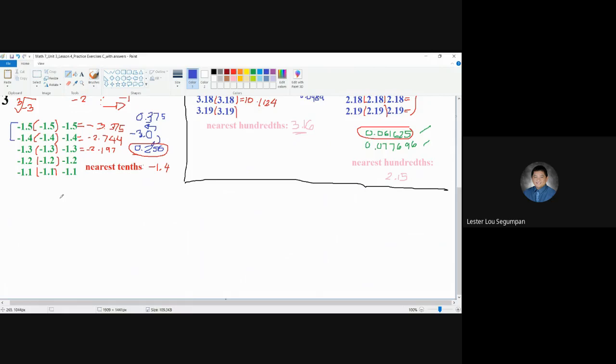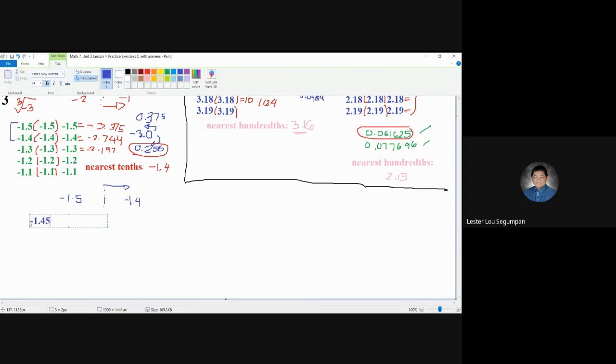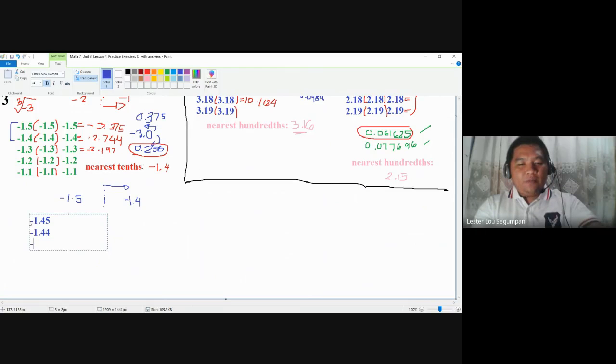So arranging it properly, you have negative 1.5, negative 1.4, dividing into 2, but it's closer to negative 1.4. So the values to be used here are the following: negative 1.45, negative 1.44, negative 1.43, negative 1.42, and negative 1.41 before you reach negative 1.4.